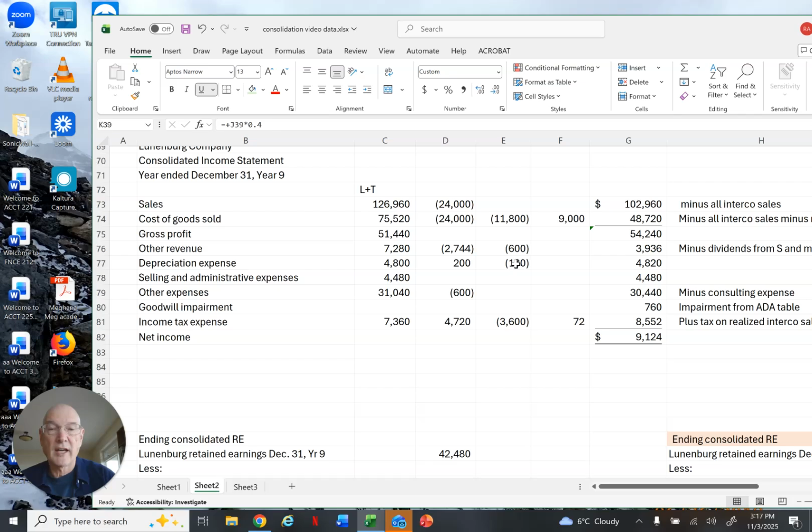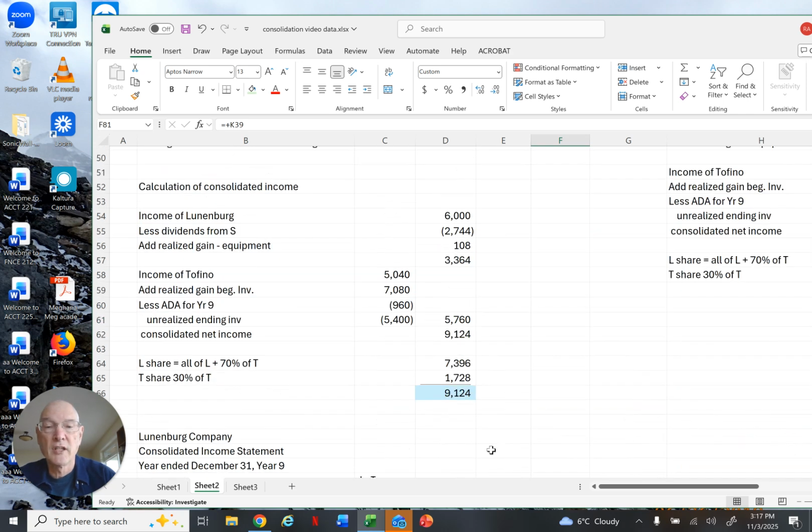So let's look at that. Here under depreciation expense is our 180 minus, and here is charging the tax. And you'll notice the difference is $108.